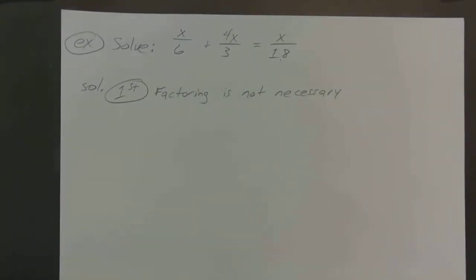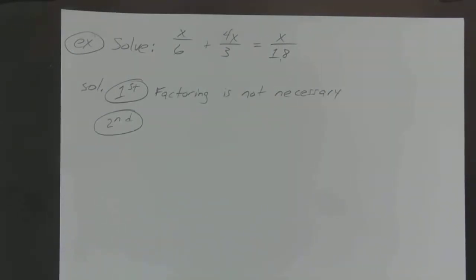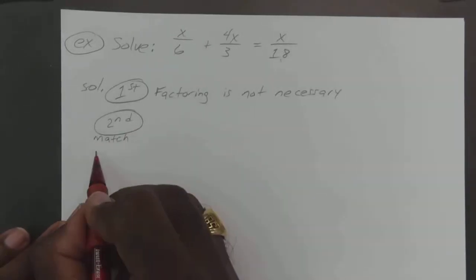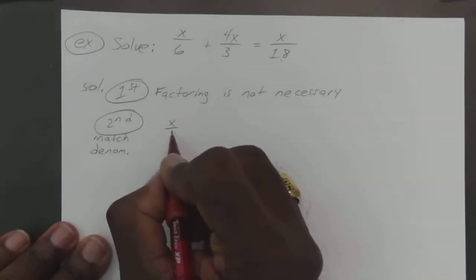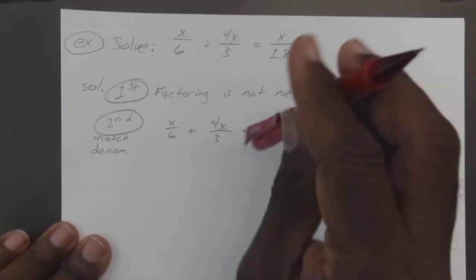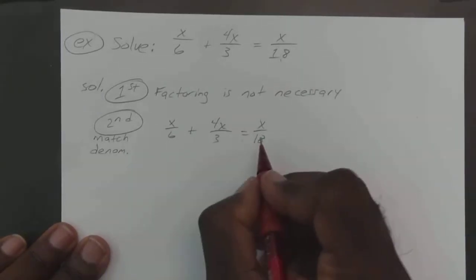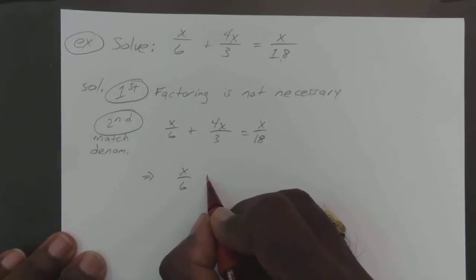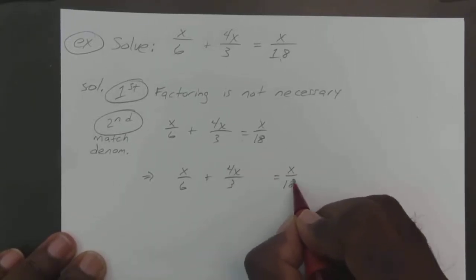Okay, so remember your second step is you're going to make sure all of your denominators match. So you're going to match your denominators. If you have x divided by 6 plus 4x divided by 3 equals x over 18, you can rewrite that: x over 6 plus 4x over 3 equals x over 18.